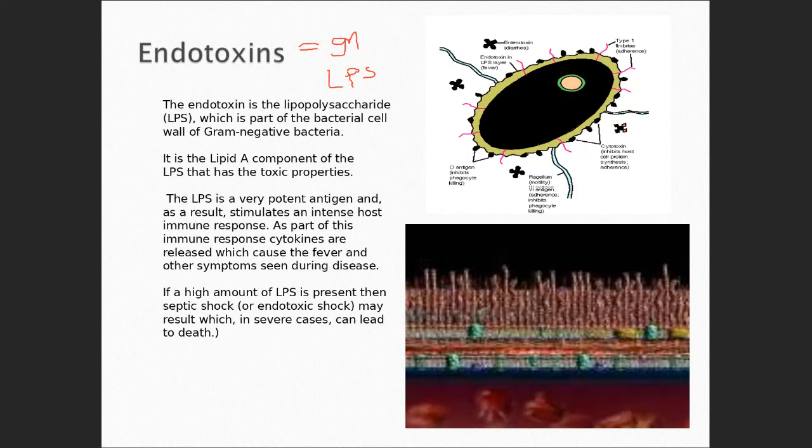They work in large numbers, not just a little bit, whereas with the exotoxin, just a little bit will kill you. But with the endotoxin, you've got to have a whole bunch. And if you have a whole bunch, it can cause you to lose water, or you become dehydrated or hypovolemic. You will develop fever because it's a pyretic.